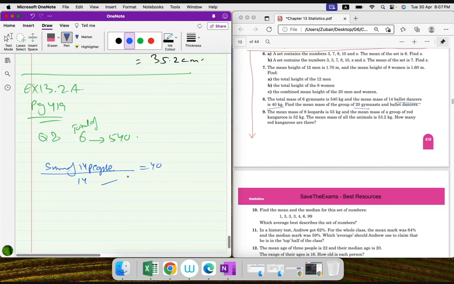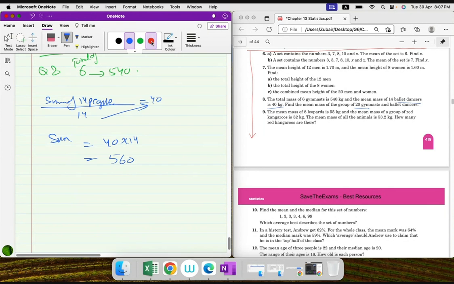No, sir. So we can get the total mass of the 14. Let me grab my calculator. 40 times 14 gives me 560.